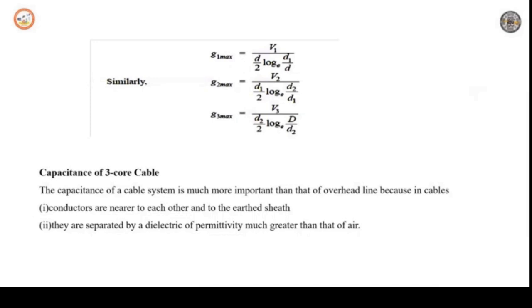After that, finally, we will get the relation of G1 max, G2 max, and G3 max, which speaks about the intersheaths. If intersheaths are not used, G1 max will be V divided by d by 2 ln D by d. Hence, with intersheath, it gets reduced by a factor 1 by 3 into 1 plus alpha square. So this completes the intersheath grading.